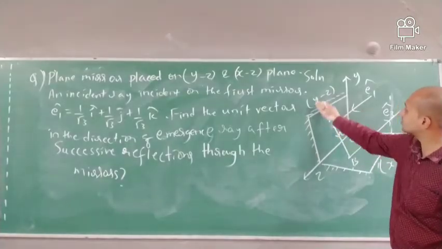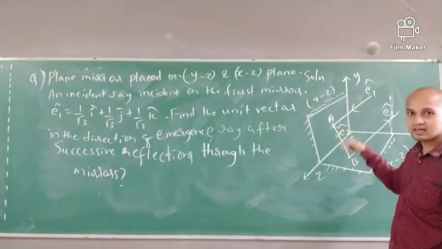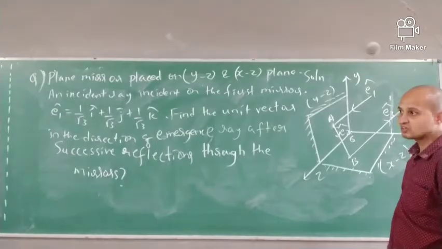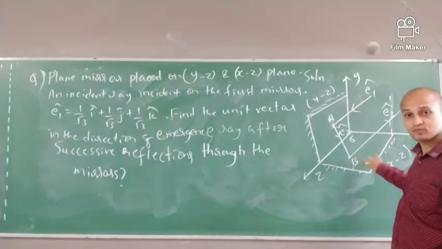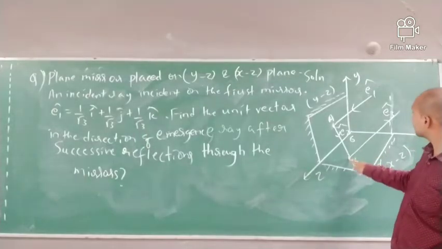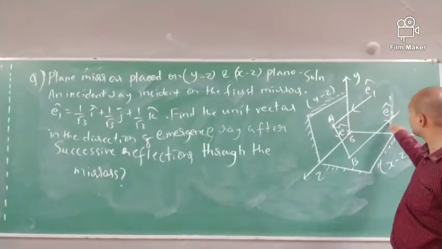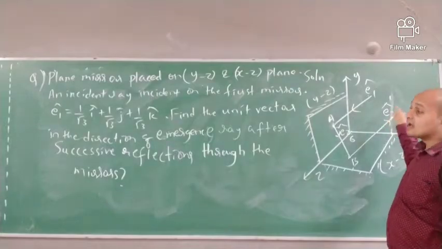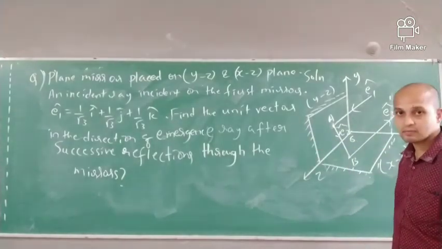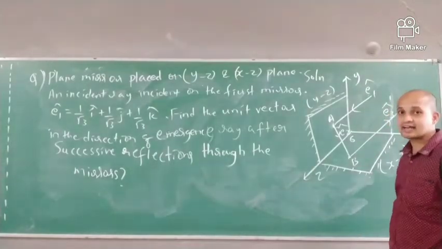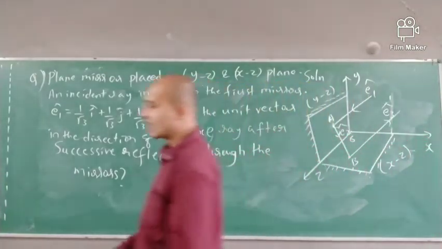After first reflection through YZ, E2 is the direction of the first reflected ray. After that, this will act as an incident ray to the XZ mirror. After the XZ mirror, it will again get reflected back. This is the emergence ray, the direction of which we are going to find. I must calculate E cap 3. So let us calculate that.